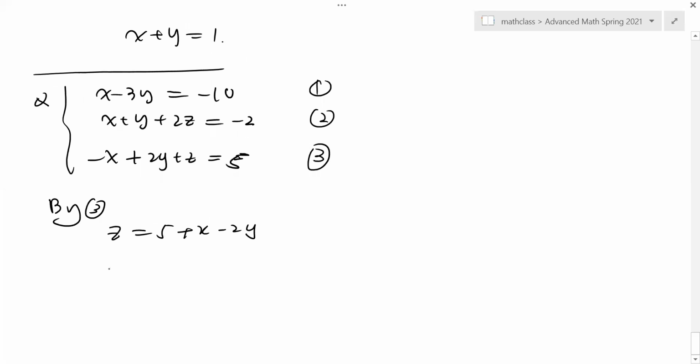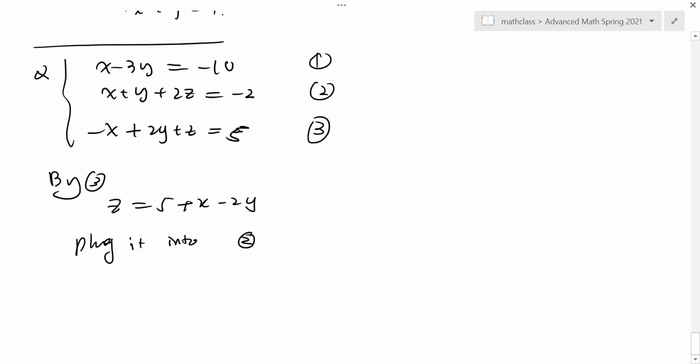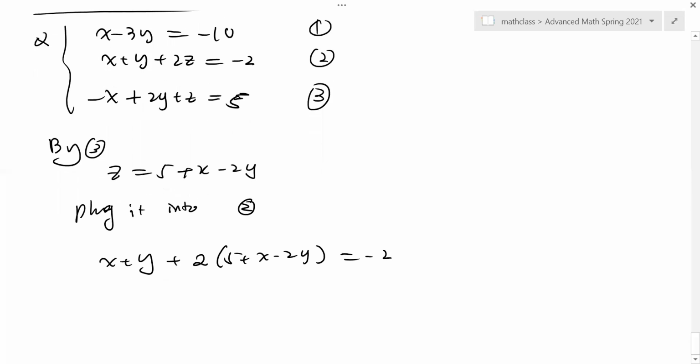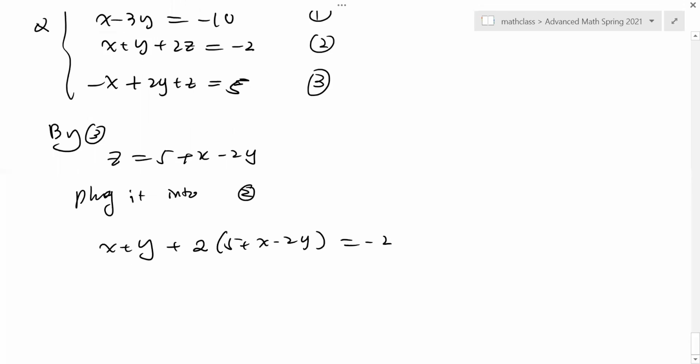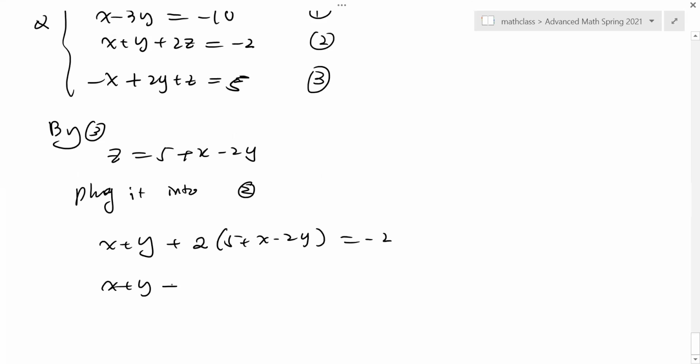Then I plug it into equation 2, so I can get rid of the z. So x plus y plus 2z, where z is 5 plus x minus 2y, equals negative 2. Let's simplify. So x plus y plus 10 plus 2x minus 4y equals negative 2.